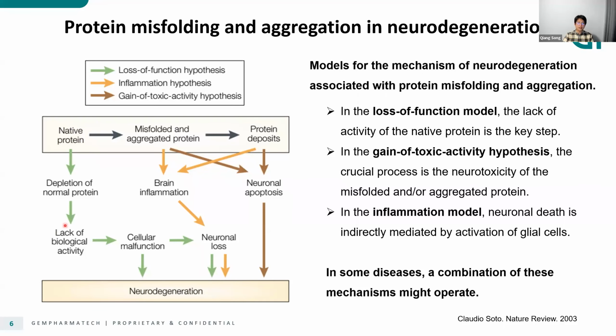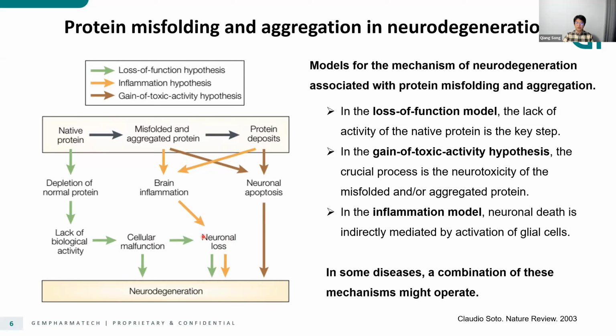Firstly, in the loss of function hypothesis, a lack of activity of the native proteins is a key step which initiates the death of neurons and causes neurodegeneration.